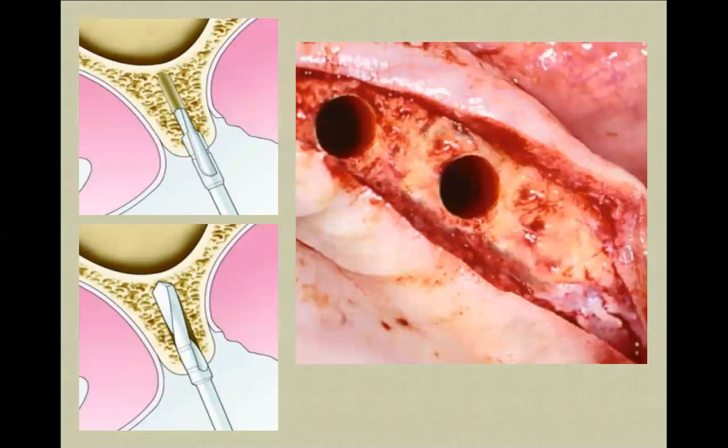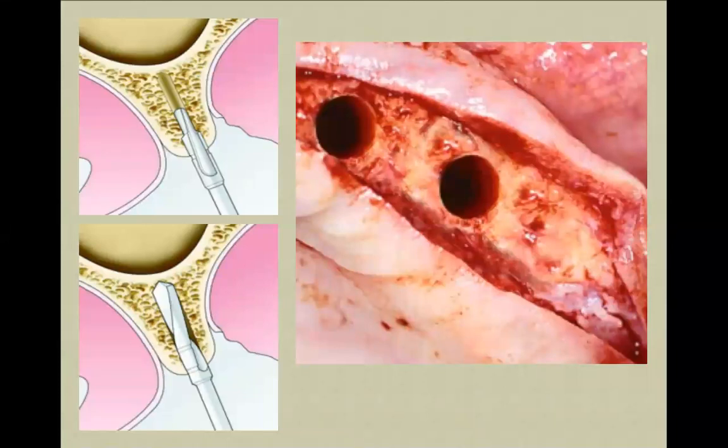Once you did the initial pilot drilling, you can start with the second, third, fourth, or fifth, if necessary, drills. You will widen the diameter of the drill hole step by step.